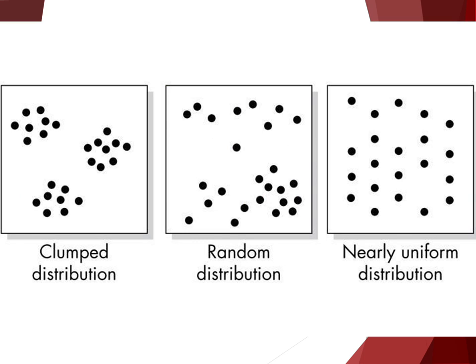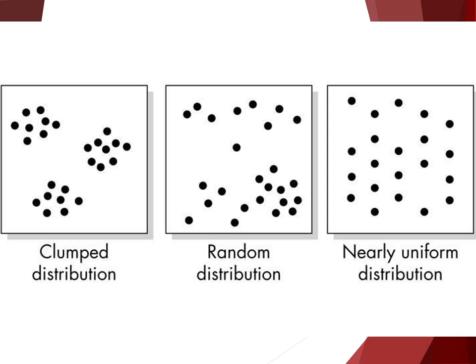When describing a population's distribution, scientists often use three general terms. Individuals in a population are most commonly distributed in a clumped pattern. Again, most commonly distributed in a clumped pattern. The diagram of a clumped distribution shows three groups of organisms within the overall population.